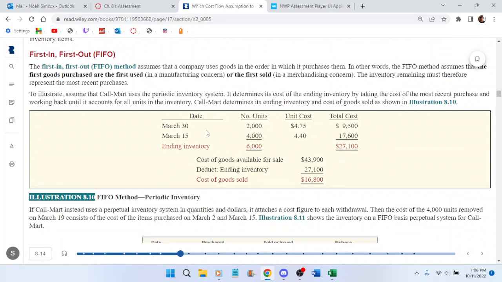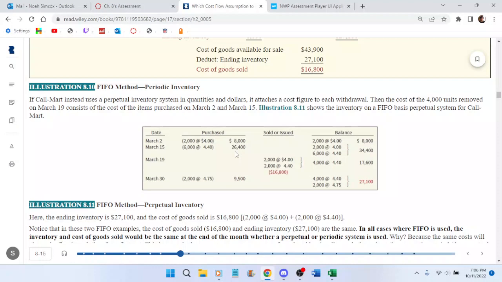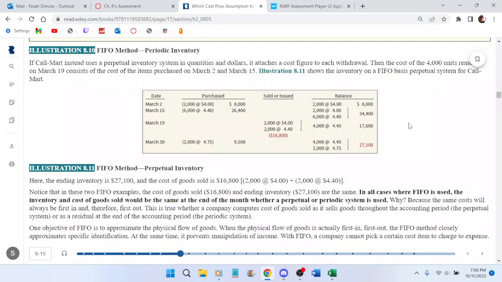Here's the illustration for periodic. Here's the illustration for pure perpetual. Okay, you purchased units. Whenever you sell units, you sold the units. You sold 2,000 units at $4.